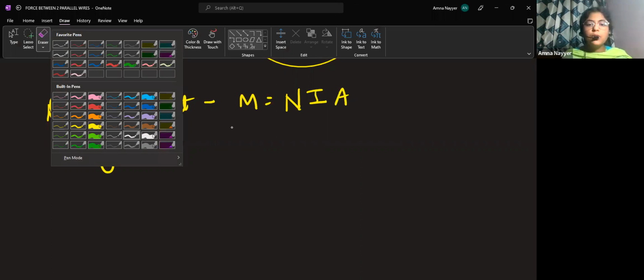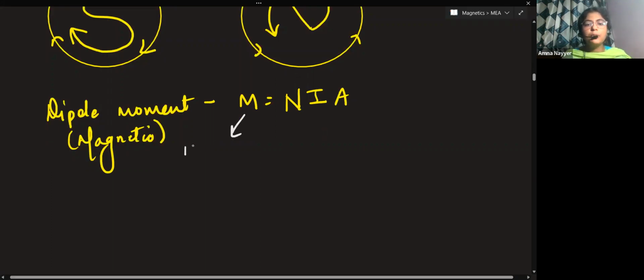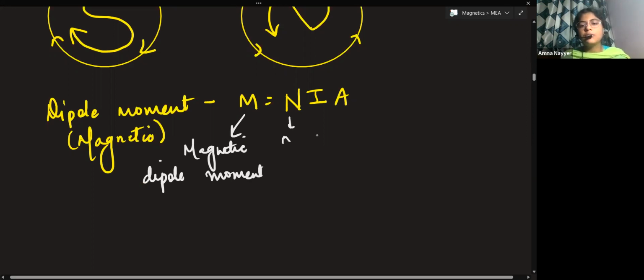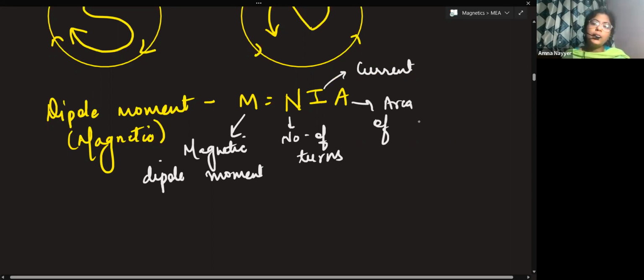This is the magnetic dipole moment. This is the number of turns, this is the current, and this is the area of the coil. I'm telling you this for a coil only.